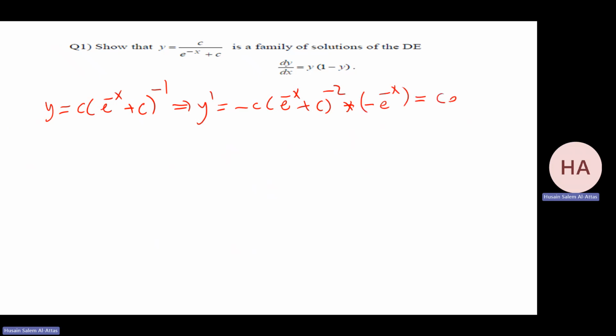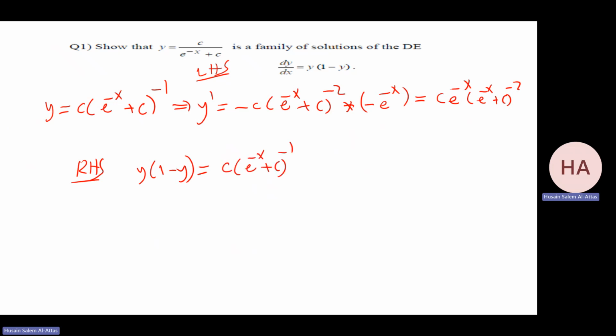So that will make it c e to the power minus x, times e to the power minus x plus c to the power minus 2. This is left-hand side. Right-hand side is what? Y times 1 minus y. That will be what? C e to the power minus x plus c to the power minus 1 times 1 minus c e to the power minus x plus c to the power minus 1. Multiply, you have what?